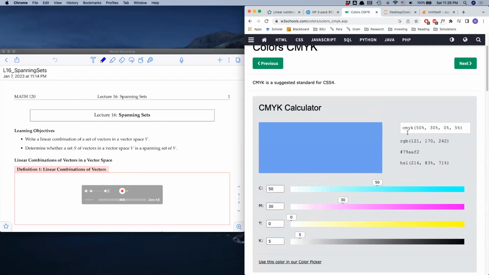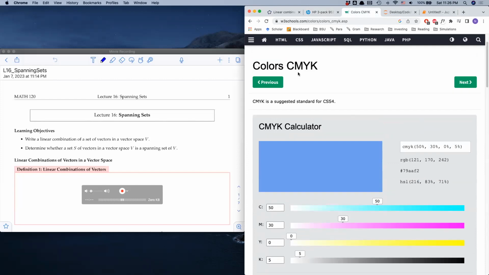So for this particular case, you have four colors: cyan, magenta, yellow, and black. It depends on the percentage of each color. You will have different colors. Or in other words, one color can be generated as a linear combination of cyan, magenta, yellow, and black.